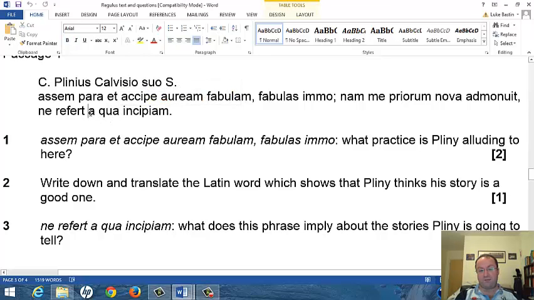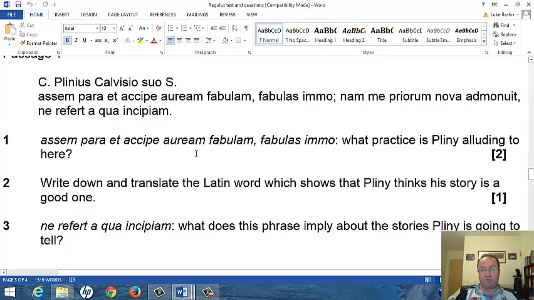And qua is ab, so by or from which is what that phrase is meaning. And then we're into a new clause with incipiam. So ne refert, again, this is above GCSE grammar, but all you need to know is, it does not matter. Qua incipiam, from which I begin.